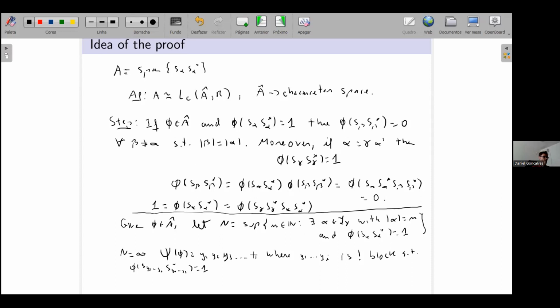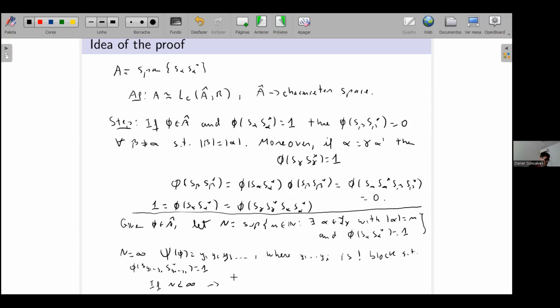I know that for length i, there's only one block such that phi of S y1 to yi star will be 1, and any subblock has to be 1 too. Right, so this is well defined, and if n is less than infinity, then I just take the block, the same idea, right?